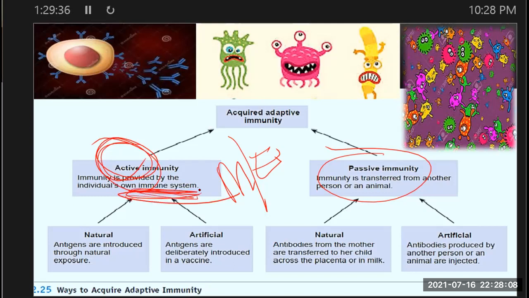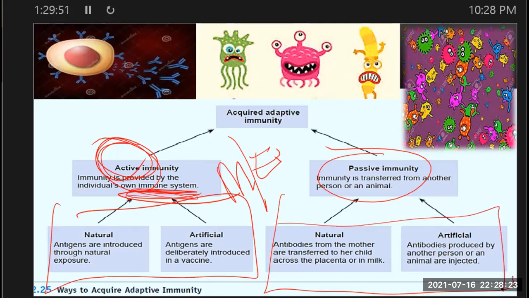Can we say that acquired adaptive active natural and artificial immunities are long-term? Yes. However, acquired adaptive passive natural and artificial immunity is short-term because the antibodies are just transferred and can be used up in the process. So that's it.